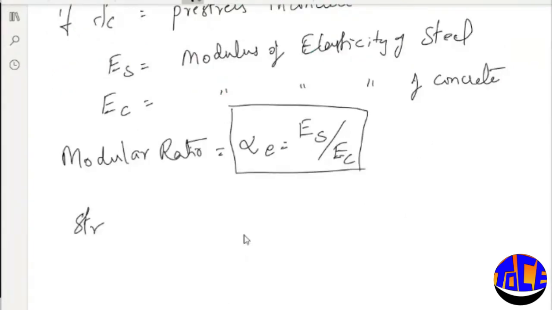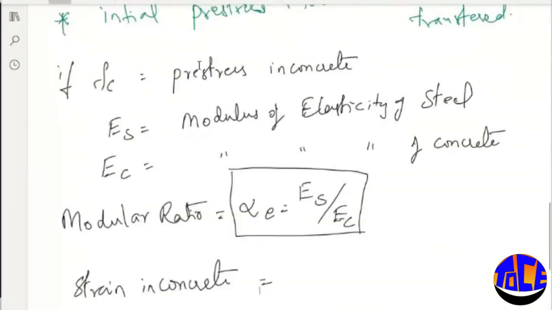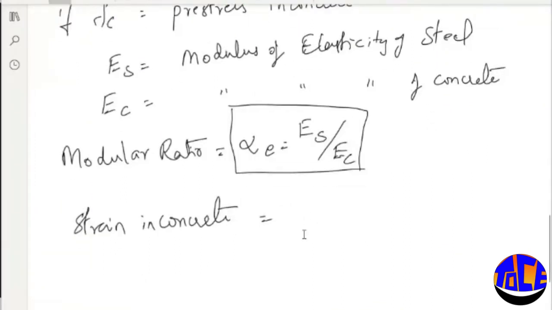Now strain in concrete. The strain in concrete at the pre-stress transmitted to the concrete is equal to the pre-stress in the concrete divided by Young's modulus of the concrete.